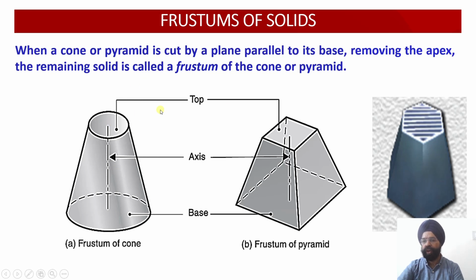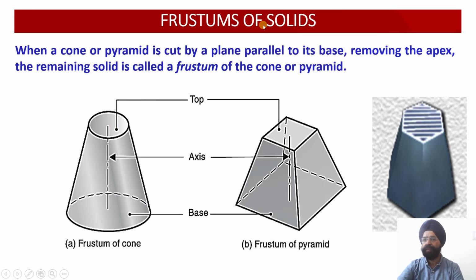So that is thrown out, removing the apex portion. The remaining solid is called the frustum of the cone or frustum of the pyramid. These are the images of the frustum of the solid whenever a solid is cut parallel to the base.